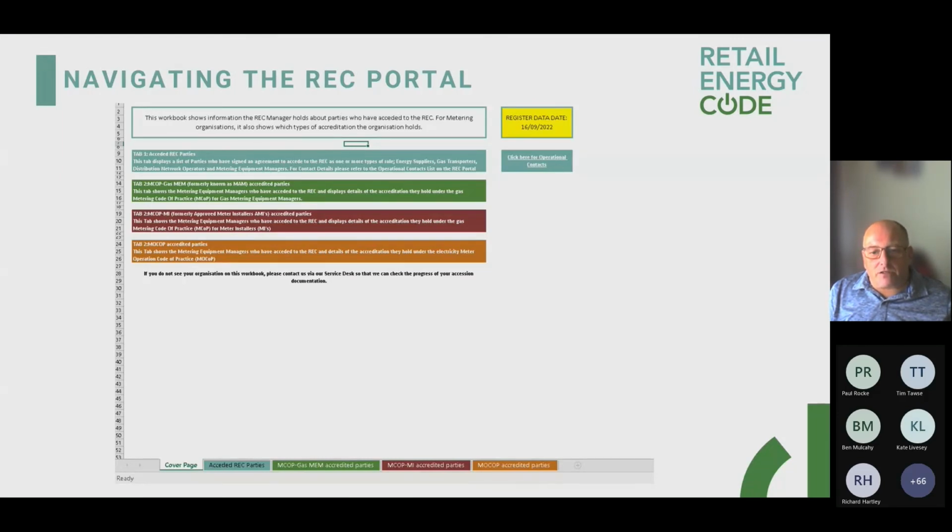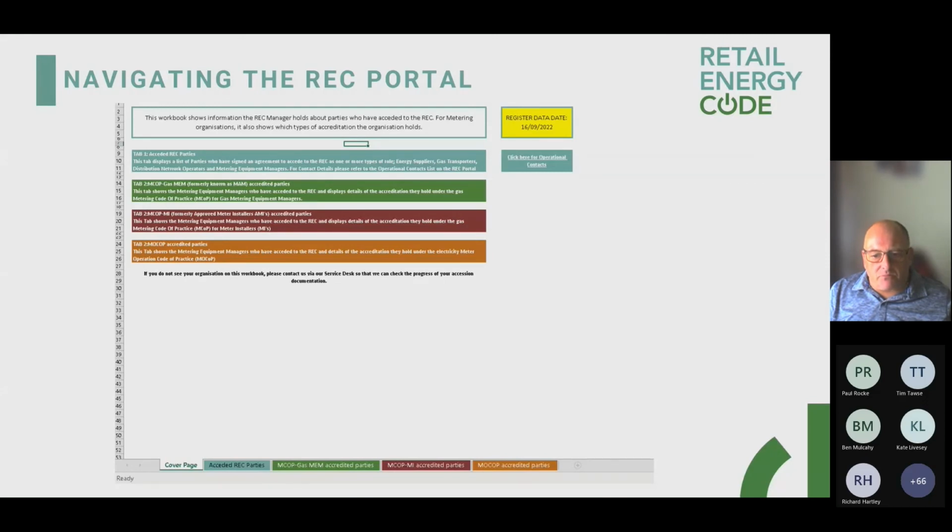So if you ever need to see if an organisation has the correct accreditation and you're operating with them, you can see it there. If you want to make sure that you've got the right levels of accreditation, again, it's in there. Any discussions, you can go back through the REC Code Manager to make sure your details are right.